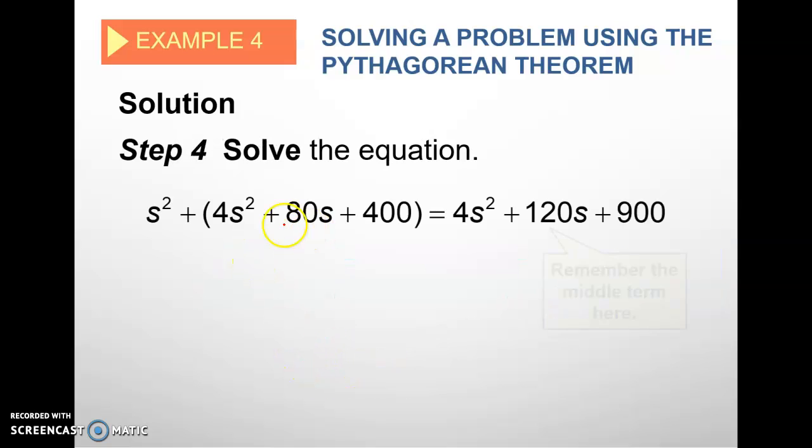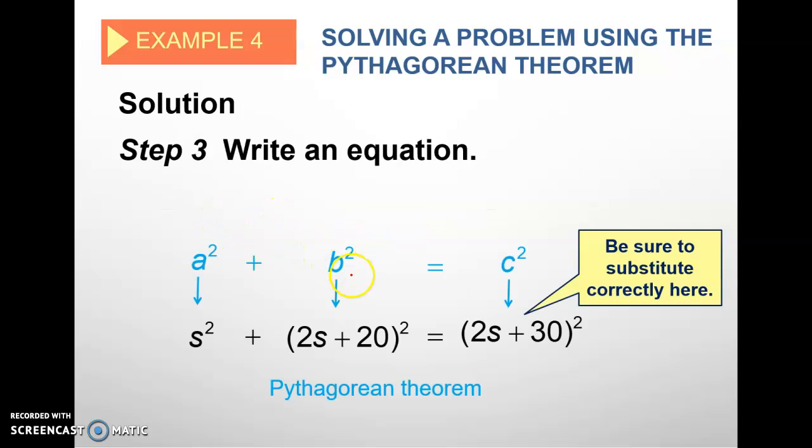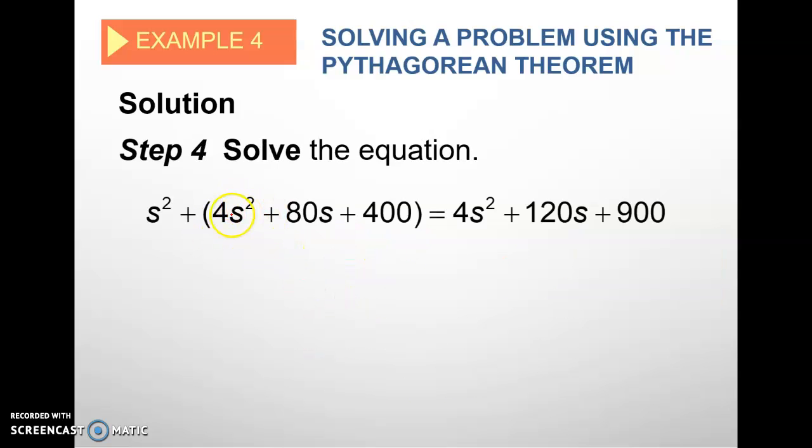Now we simplify each group. This is a perfect square trinomial. If you try to simplify this, you have the pattern. Remember the pattern of the PST: square the first term, twice the product of the first term and the second term, and then square the last term. The same goes for the other side of the equation. Always remember the PST.